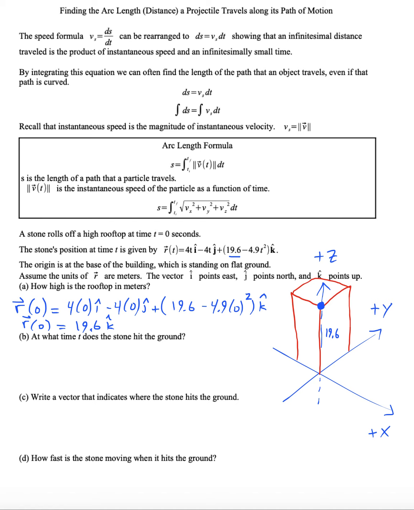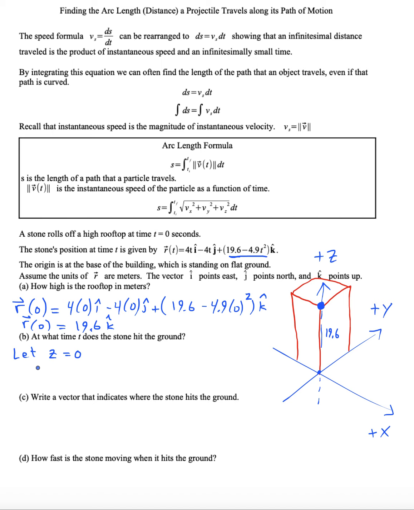Next it says, at what time t does our stone hit the ground? So we want to let z equal 0 and find out at what time that occurs. Well, for that, we could just focus on the third dimension. It doesn't really matter where it's located as far as x and y go here.